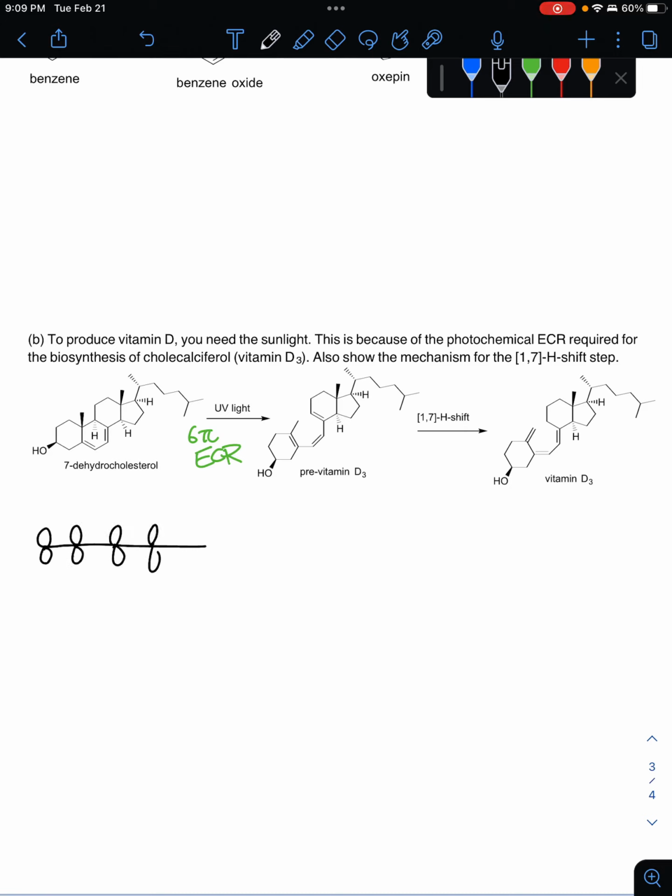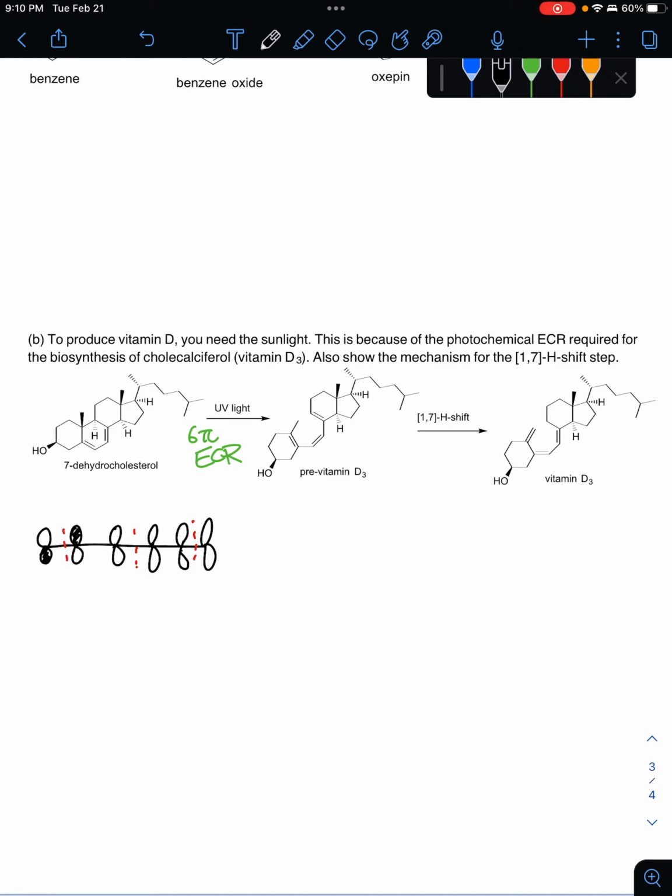Okay, so pi 4 should look like, let's see, 3 nodes here would look like 1, 2, 3. Okay, so that's our 3 nodes here.